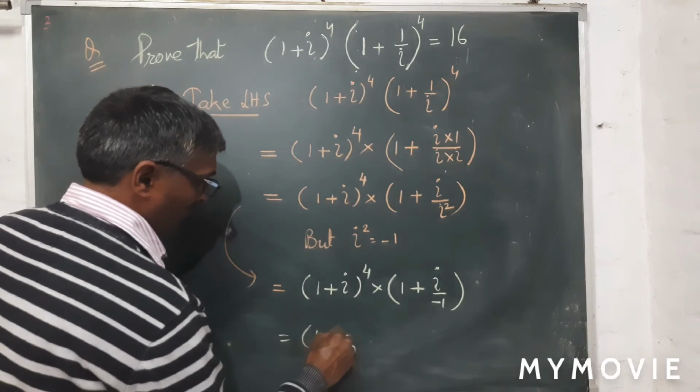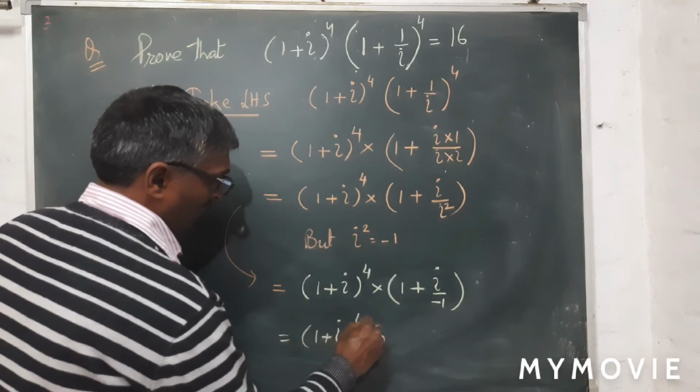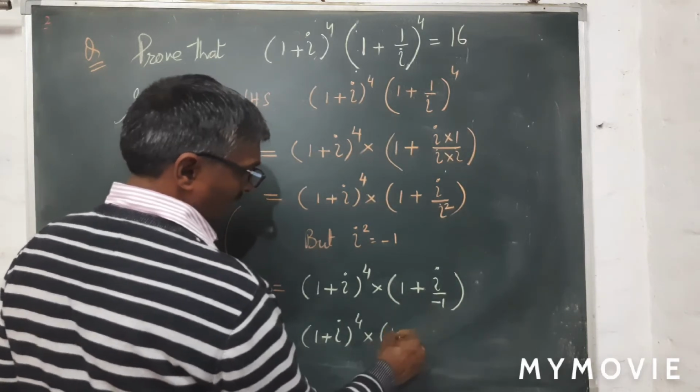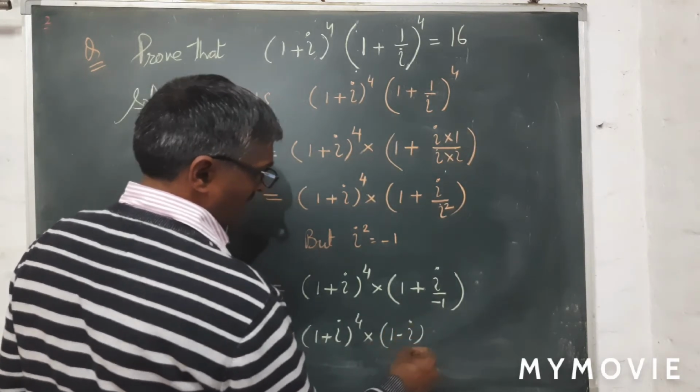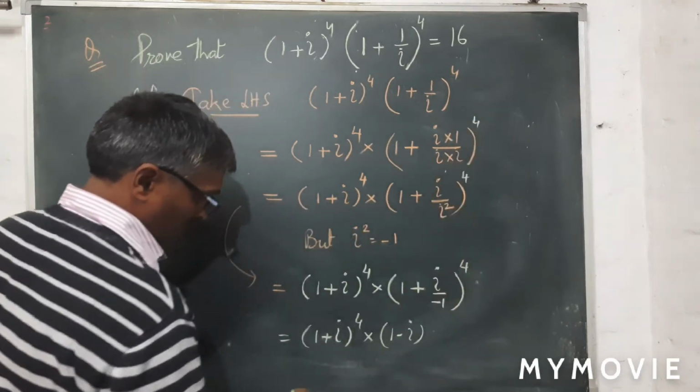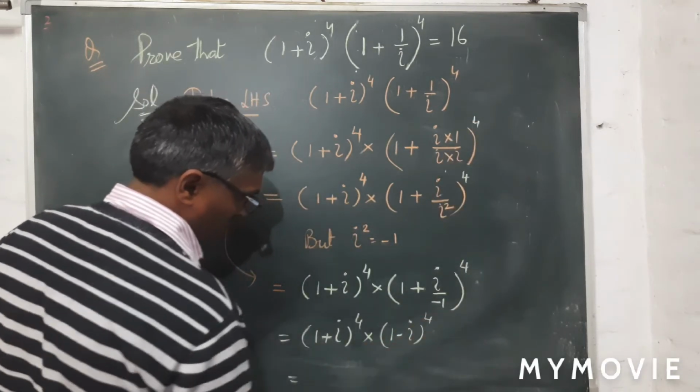Therefore, this is equal to 1 plus iota to power 4 into 1 minus iota to power 4.